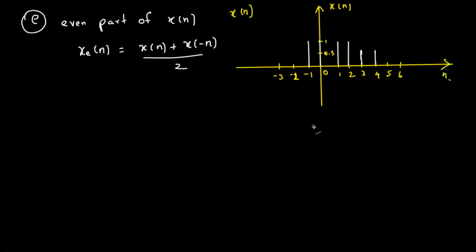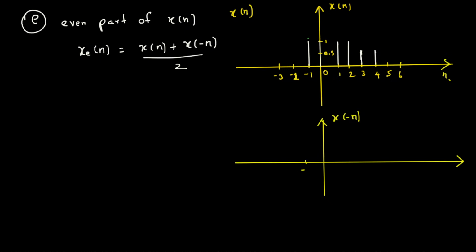Now I'm going to draw the x of minus n. X of minus n is nothing but whatever is positive is going to be negative, whatever is negative is going to be positive. So here, if you have positive for 0.5 height, that's going to be negative for 0.5 height.